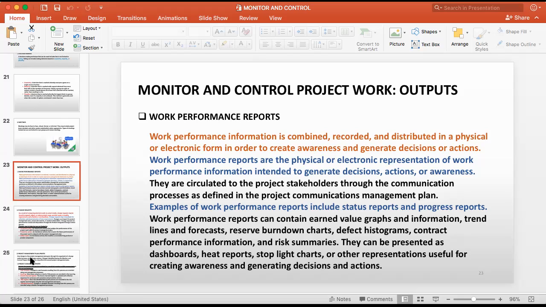So these are very important reports you have to prepare. So work performance report is very important in carrying out projects. So in monitoring and control process, you will get the work performance report as the main output.